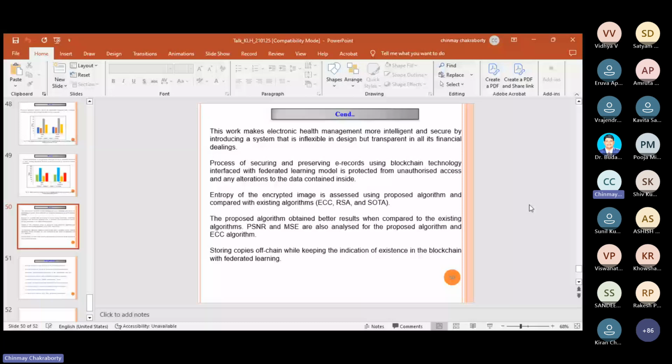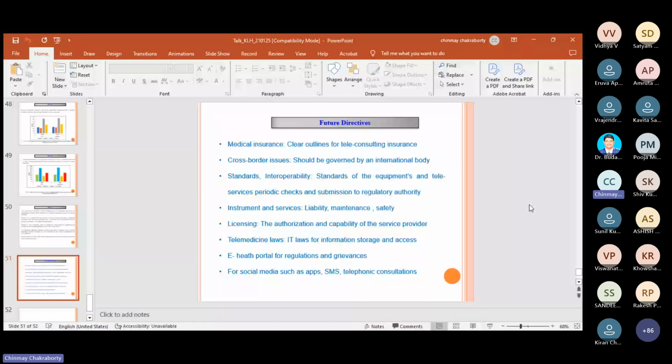And for future directions, you see here, first is medical insurance, which needs clear outlines for teleconsultation insurance. Another is cross-border issues, which should be governed by an international body.